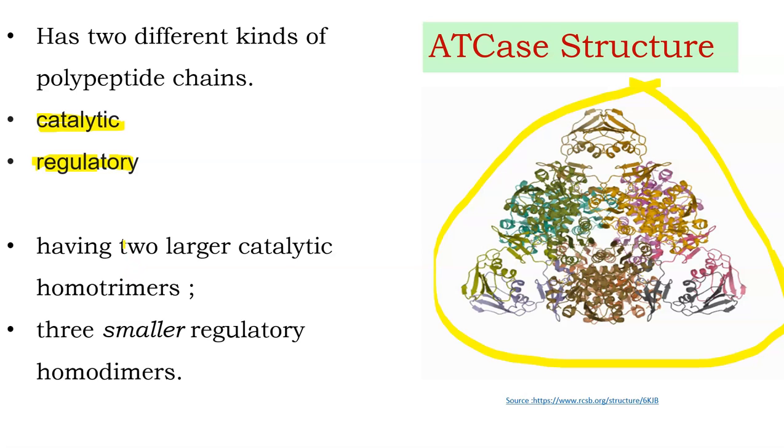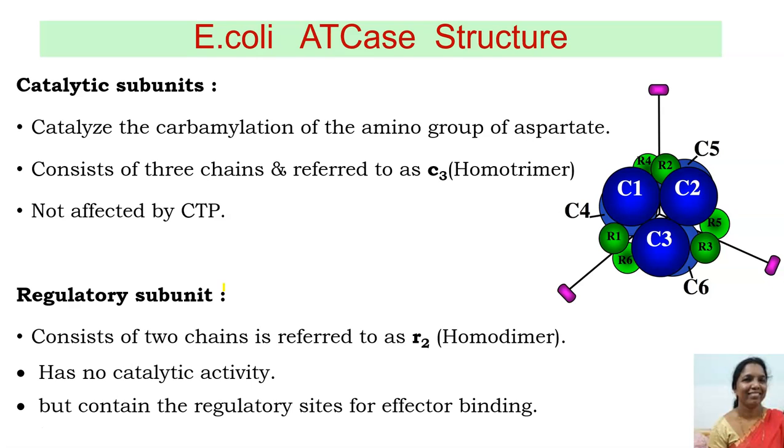They have two larger catalytic sites called homotrimers. Trimer means 3 units, and since we are talking about the catalytic site, it is called C3, homotrimer, and 3 smaller regulatory homodimers. Homodimers means 2 units. This is the regulatory subunit: if it is represented by R, it is a homodimer, but catalytic is homotrimer. How it is, we will see.